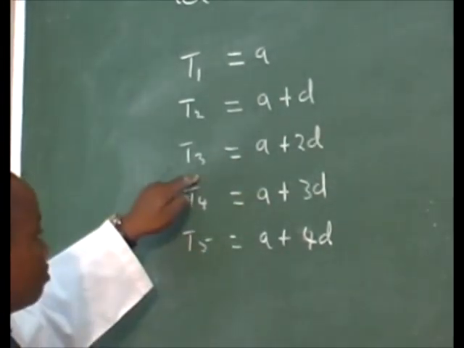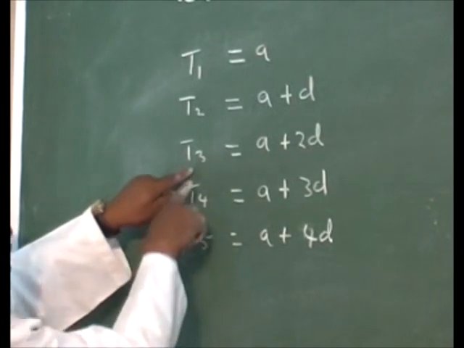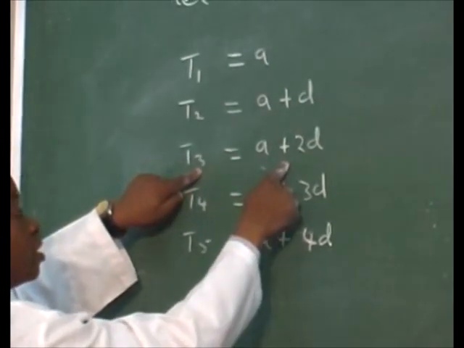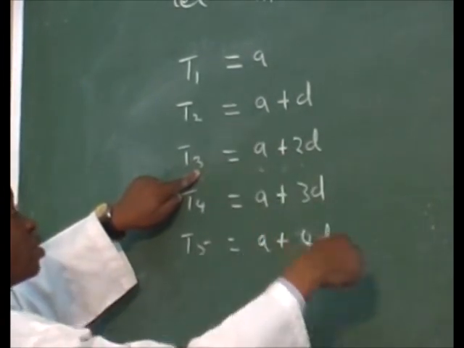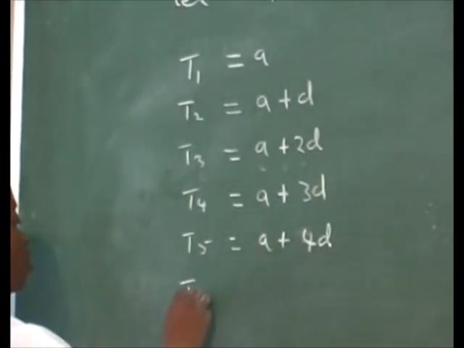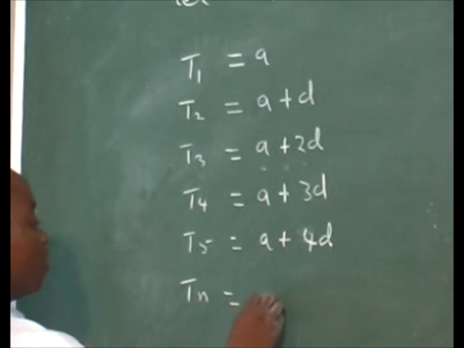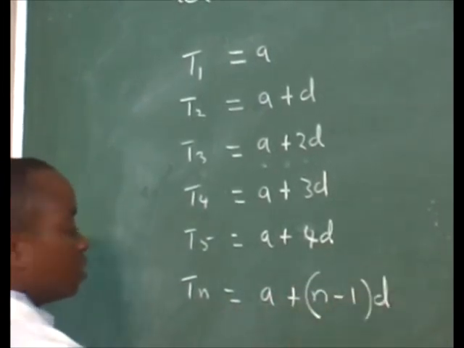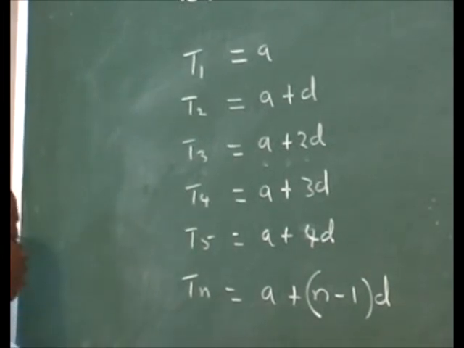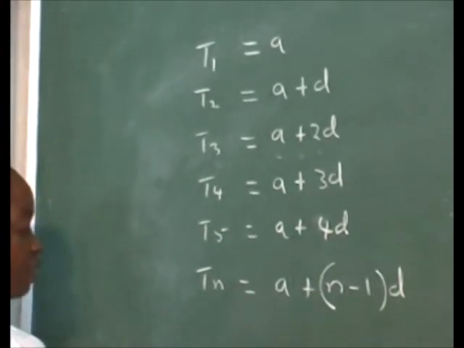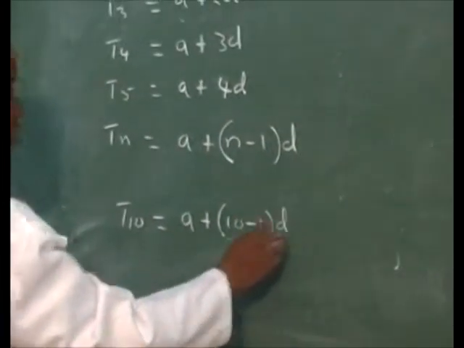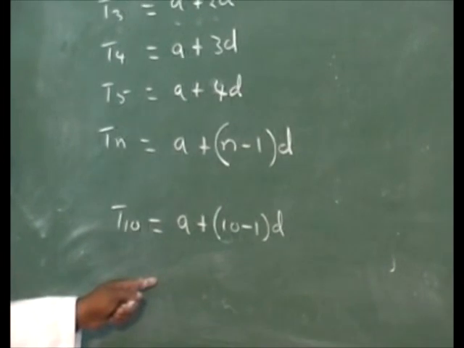Yes, n minus 1 times d, because n here is 3, so we have A plus 2d, that is 3 minus 1 times d. So we can conclude that Tn is equal to A plus n minus 1 times d. So if I want to get maybe T10, I will know that it is A plus 10 minus 1 times d. That will give me the 10th term.